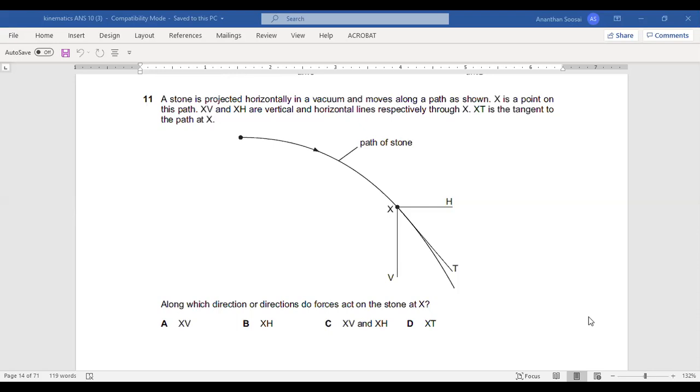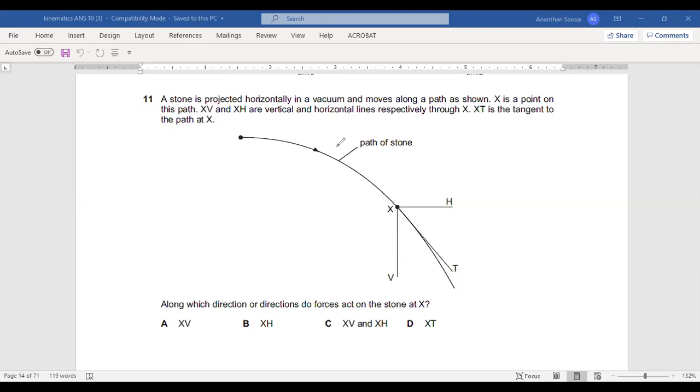Oh, C, yeah, thank you. The only force pulling it down is what? The only force acting is the weight.